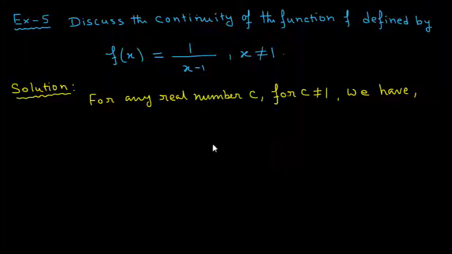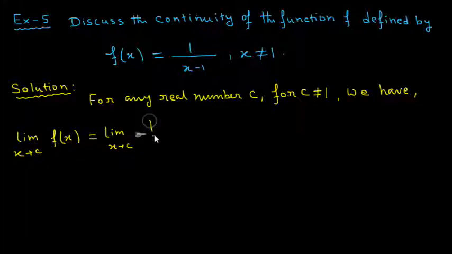limit x tends to c f(x) is equal to limit x tends to c of 1 upon x minus 1, which is equal to 1 upon c minus 1.